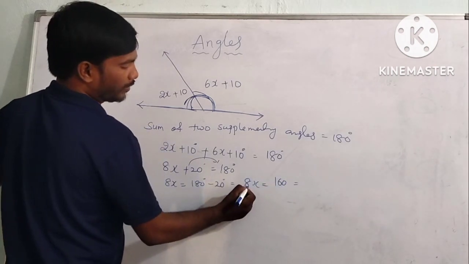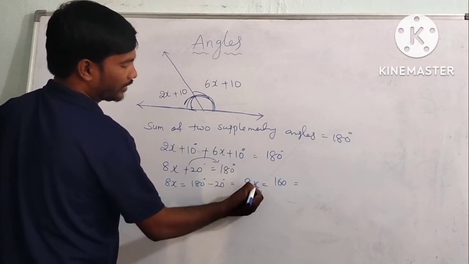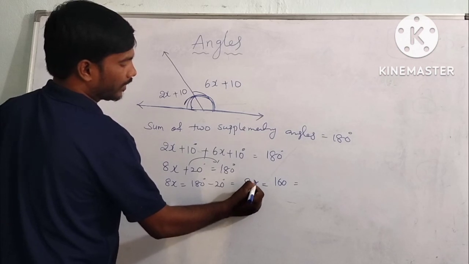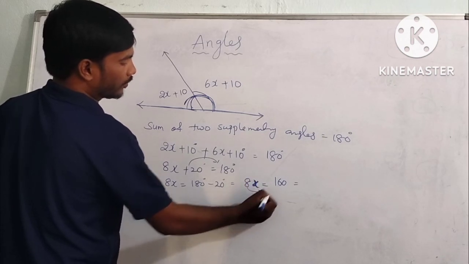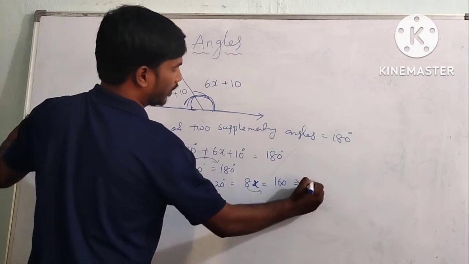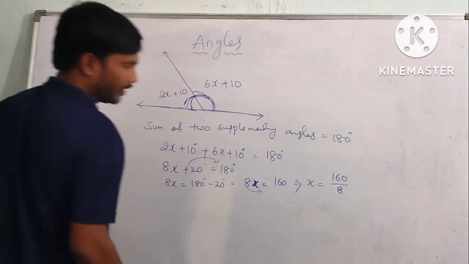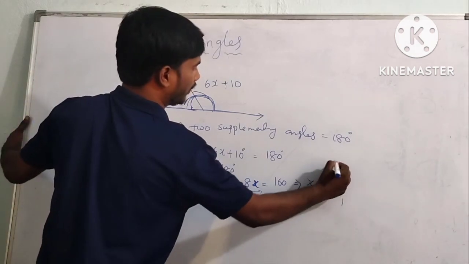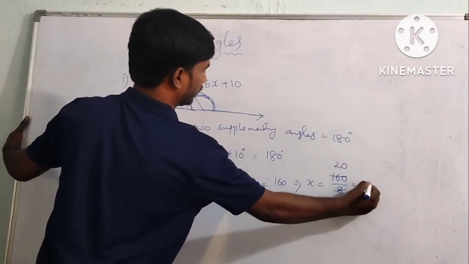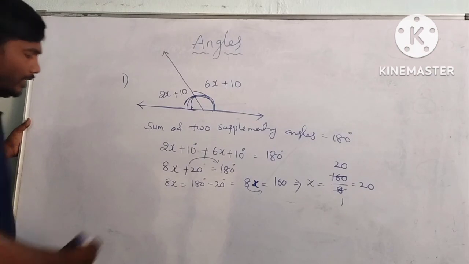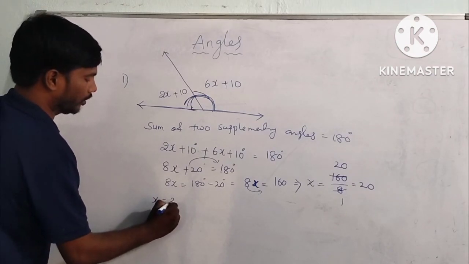So if you transpose the 8 to the other side, what is the relation between 8 and x? Here 8 into x. If you take that to the other side, it becomes division. So 160 by 8. 8 twenties are 160. So what is the x value? x is equal to 20 degrees.